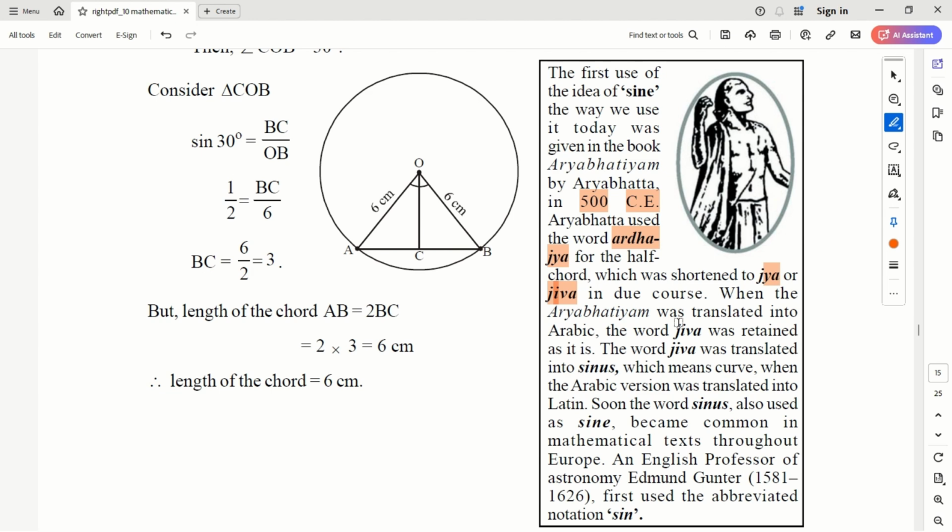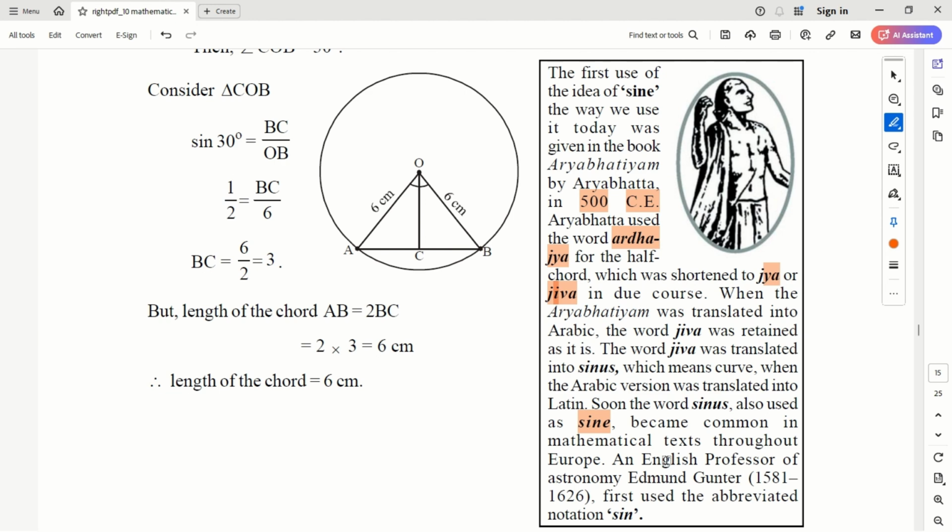But when it was translated from Arabic to Latin, they used the meaning of Jiva, sinus, and from sinus the word sine came. So this is the journey of the sine wave actually. The word sine all the way started from India, as Ardhagnya, Gnya, Jiva, then sinus, and then sine.